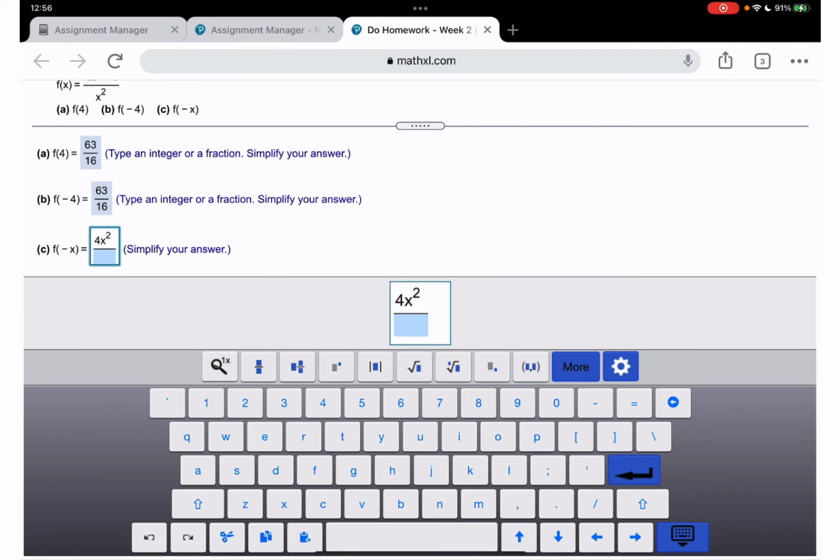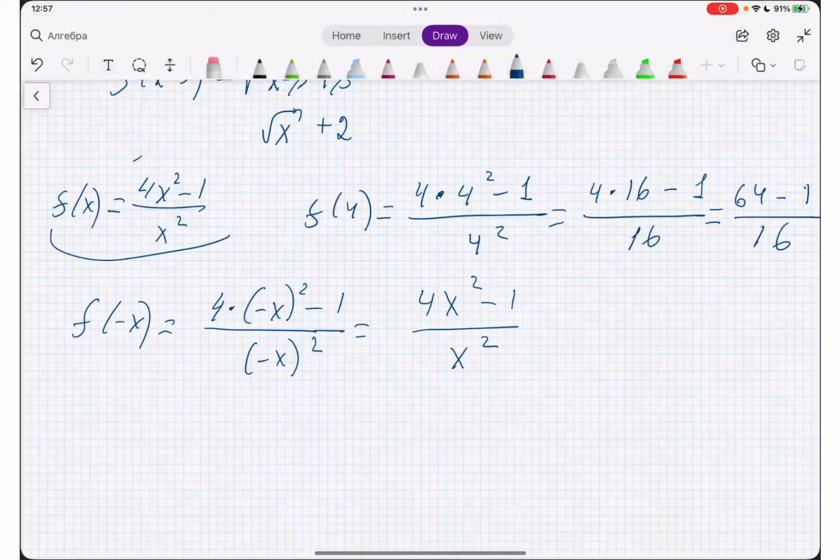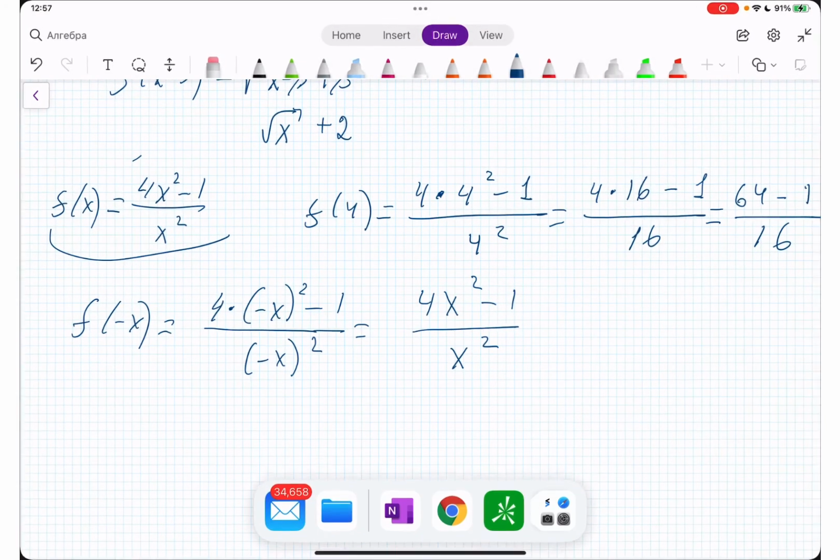It's not going to work. Let me see. Got it. So minus 1. Let me see if I have to move a little bit. Yeah. One more time. There we go. What was that? 4x squared minus 1 over x squared. Yeah.